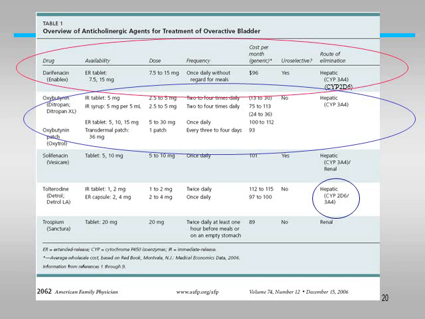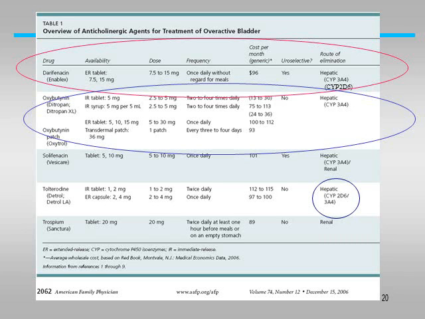And if you now look at this slide, and you look at oxybutynin, I've circled some of the relevant pharmacology concerning oxybutynin in a dark blue, or purple, circle. What I was trying to show you by circling that was that oxybutynin exists in different formulations.